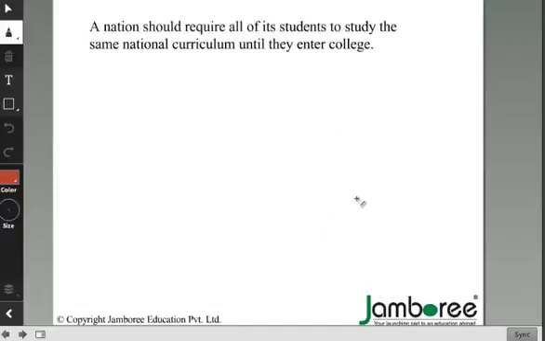Let's do this as a workshop. Let's try out whatever we have learned till now. The topic is: a nation should require all of its students to study the same national curriculum until they enter college. Everybody understood this topic?